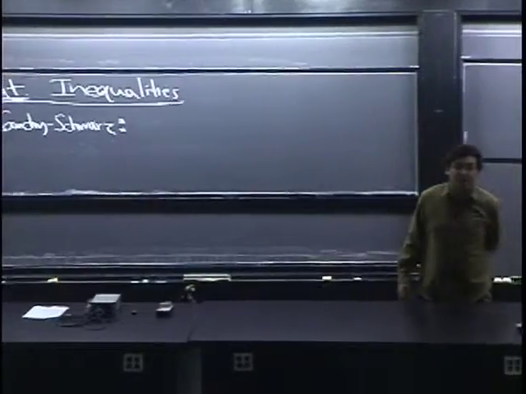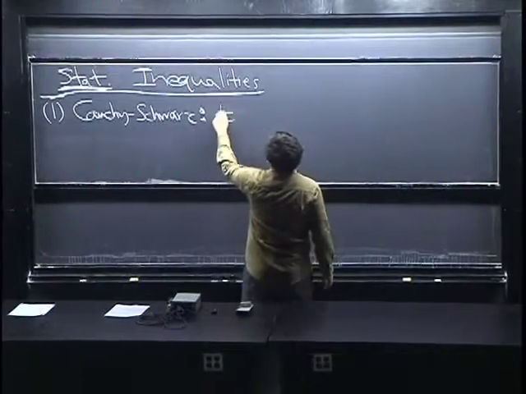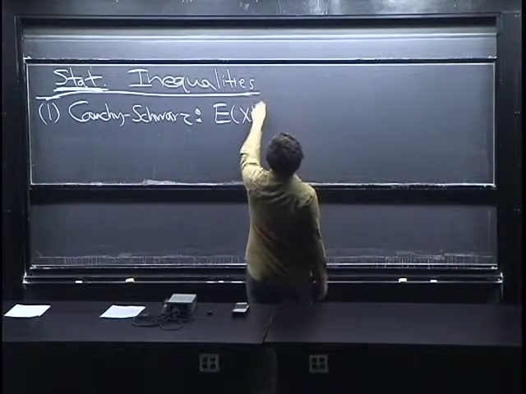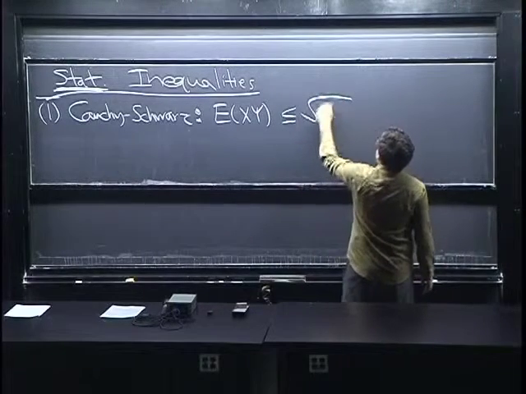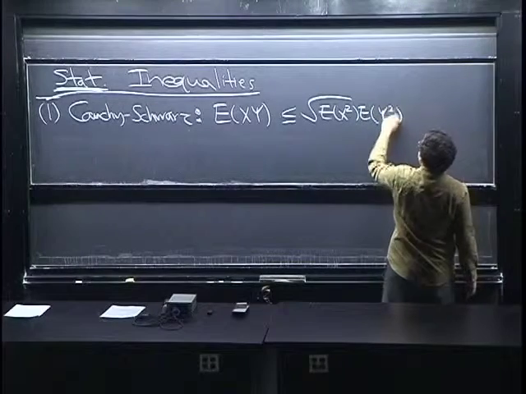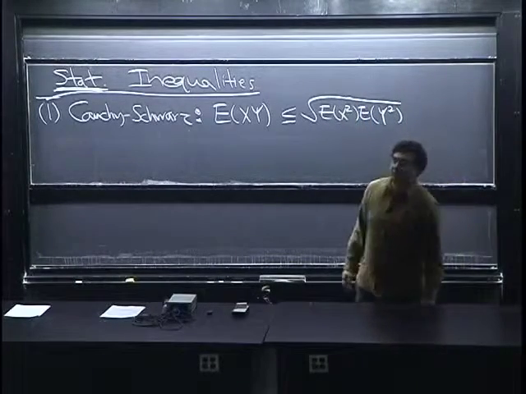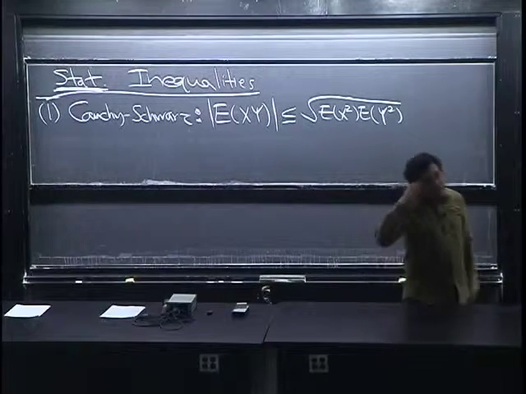For random variables, Cauchy-Schwarz says that the expected value of XY is less than or equal to the square root of E of X squared, E of Y squared. That's true. You can put absolute values around it also if you want. Still true.